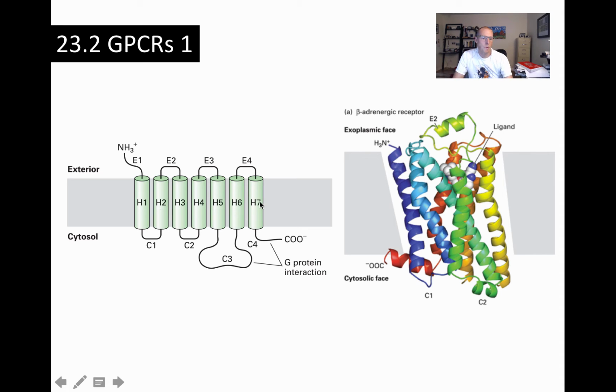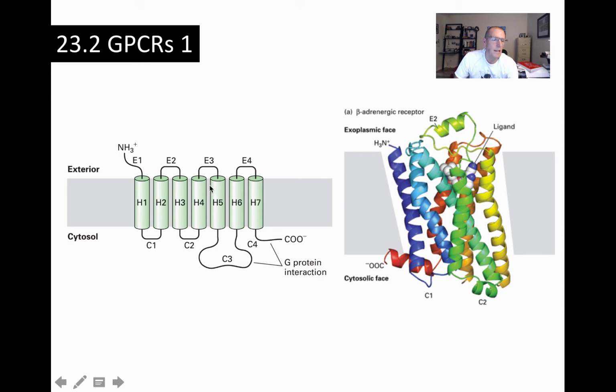Okay, so what's going on here. You've got these 7 transmembrane helices, and then you've got these cytoplasmic loops linking the alpha helices together. There's a region down here in loops C3 and C4 towards the carboxy terminus, which are involved in actual interaction with the G protein.